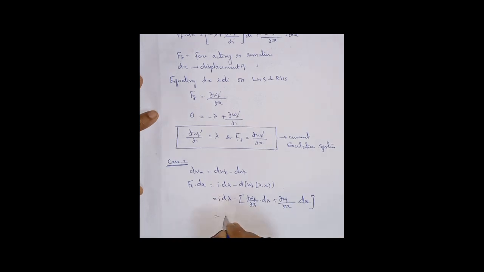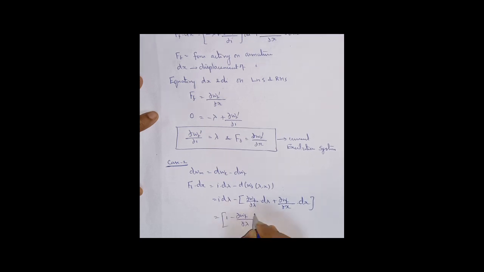Okay, so I'm rearranging this, d lambda plus ∂W, this is minus, after that we'll get minus. Okay, expanding this, minus will go inside, ∂Wf/∂x dot dx.